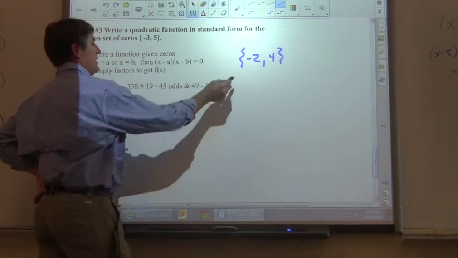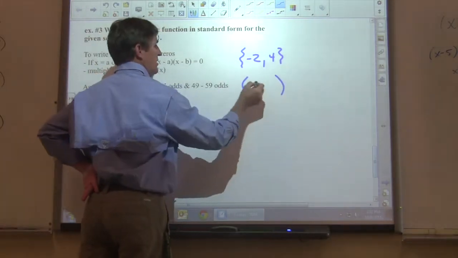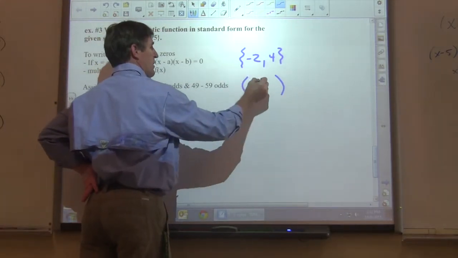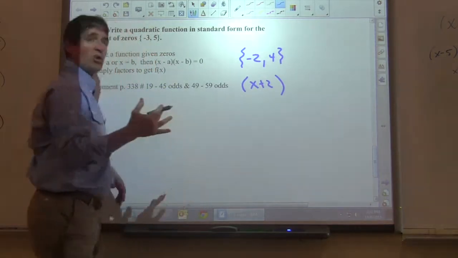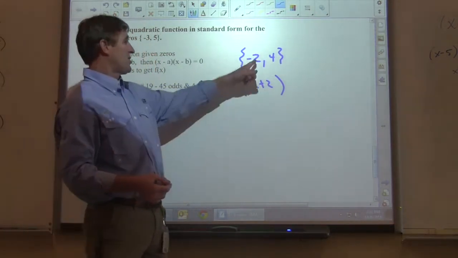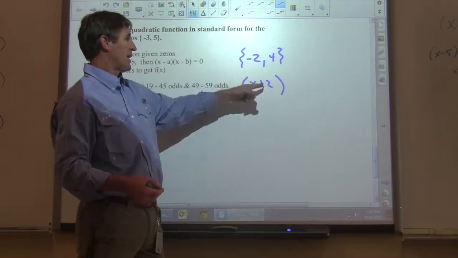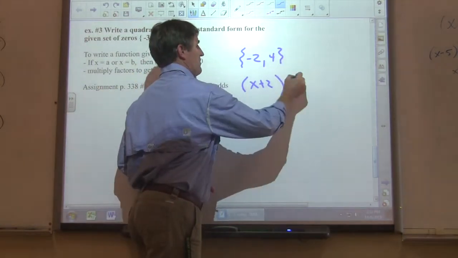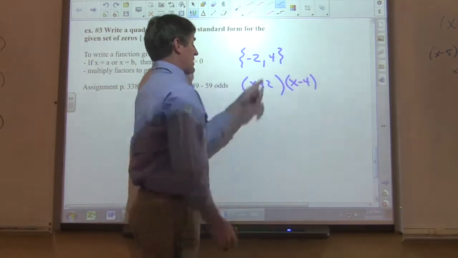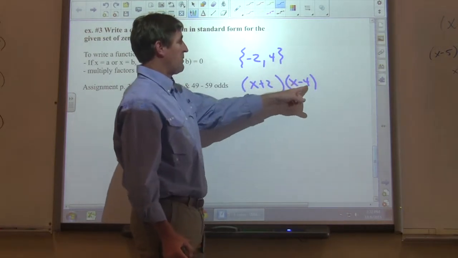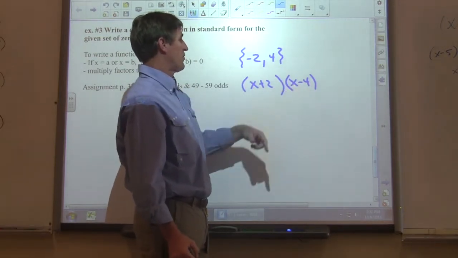All you do, we want negative 2 to be the answer, so that would be x plus 2. This is where the shortcut, if you understand, is pretty easy. It's just the opposite of what it says. So x plus 2, opposite 4, x minus 4, because if I put 4, it's what I put in here that makes it equal to 0. So 4 minus 4 would be 0.